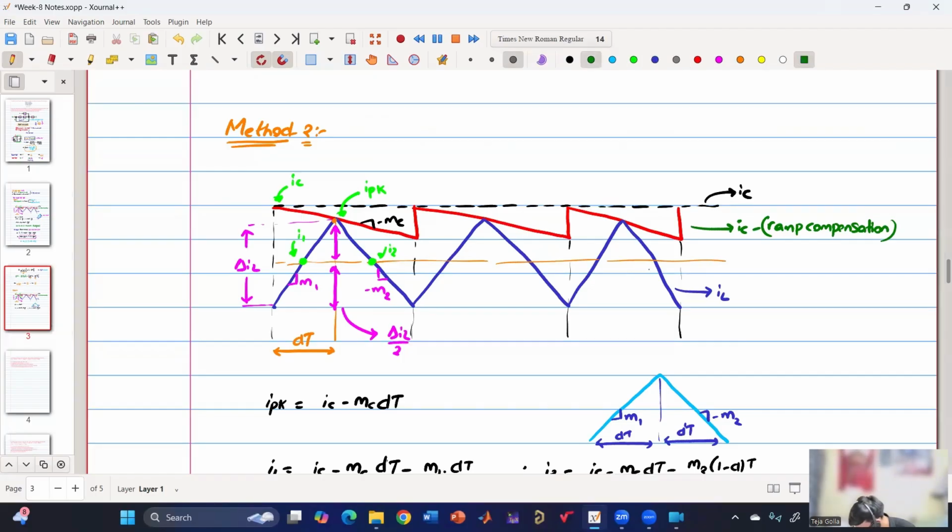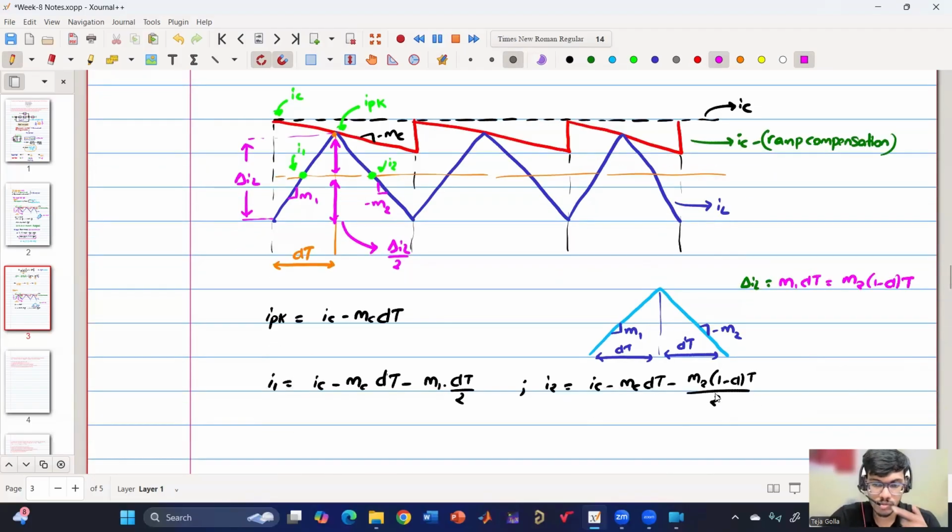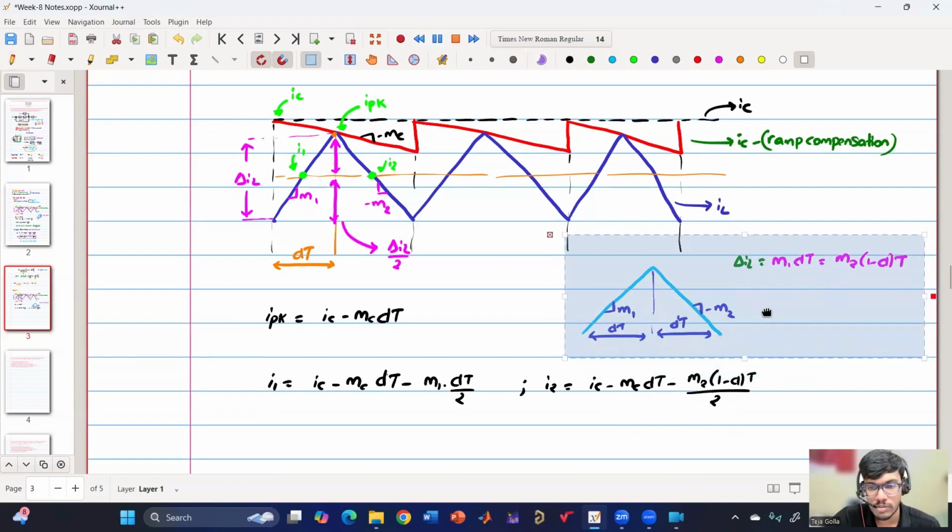So we know that delta IL is equal to M1 into dt, which is also equal to M2 into 1 minus dt. Although it is equal, now we are writing in terms of M2. So I2 is I peak minus M2 into 1 minus dt by 2, whereas I1, I have written I peak minus M1 into dt by 2. So is this clear? This step, both the terms, how we have gotten I1 and I2.